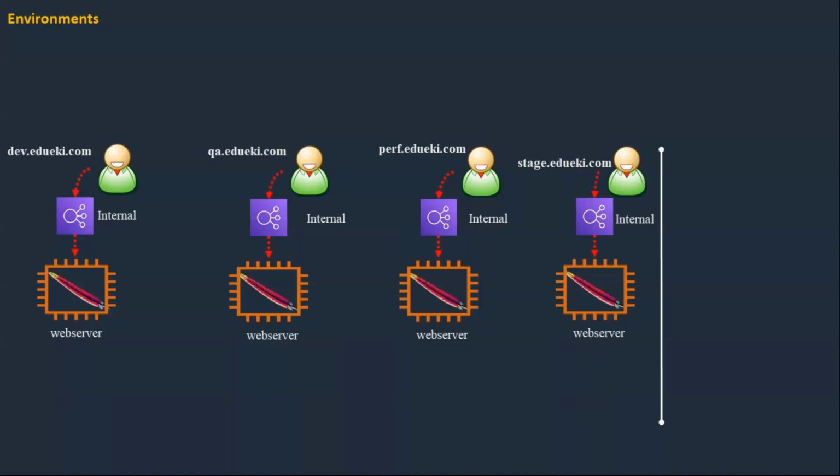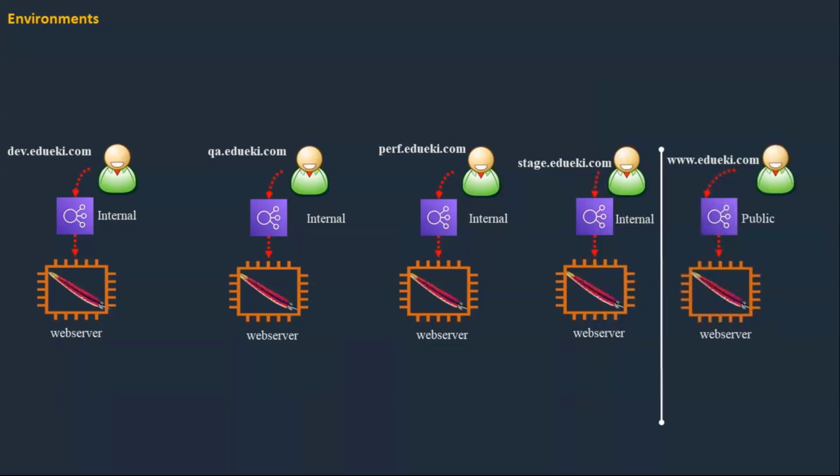Then it moves to the next environment, which is called production. The infrastructure or the environment where you are exactly deploying the code which is serving the application to the real end users. You see this last one, which starts with www, right?